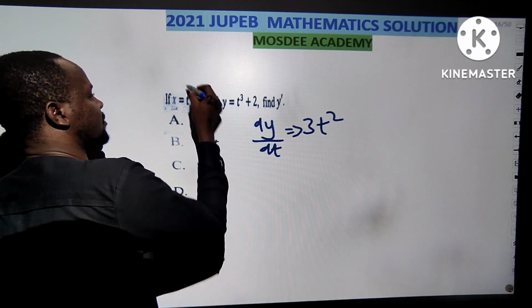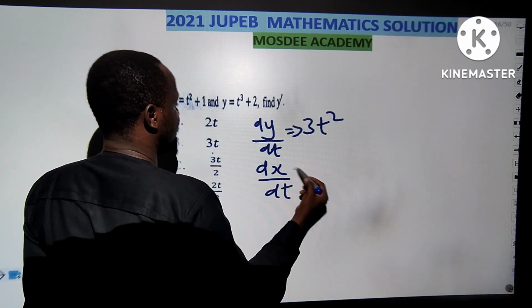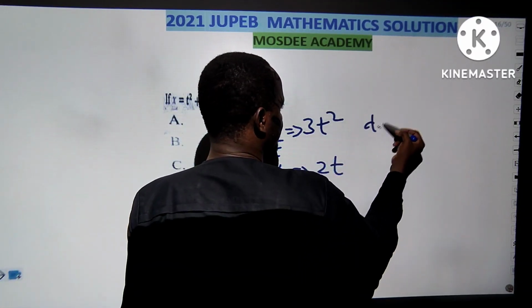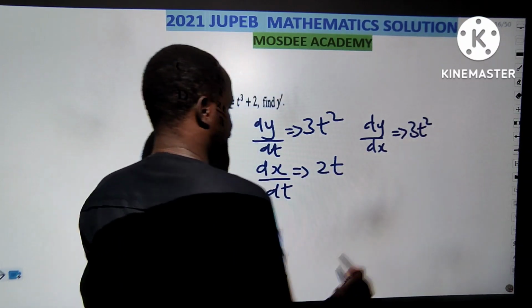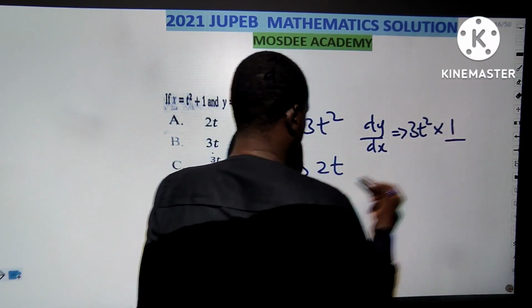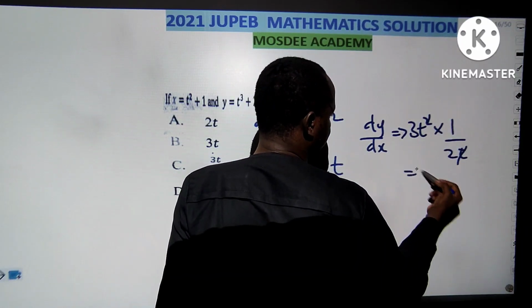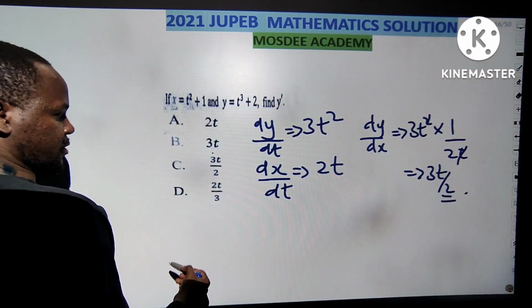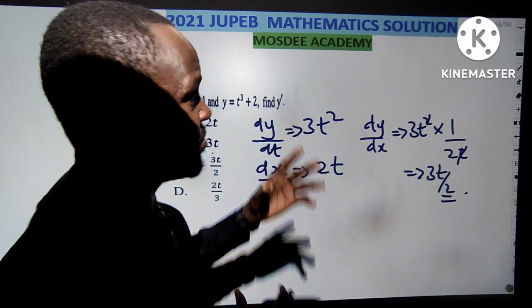And dx dt is equal to 2t. So if I need dy dx, it will be 3t squared times 1 over 2t. Directly, one t gets cancelled out. So we have 3t by 2 or 3 over 2t. So that's what you are going to be looking for. Next question, please. No time. Guys, we have to save the time.